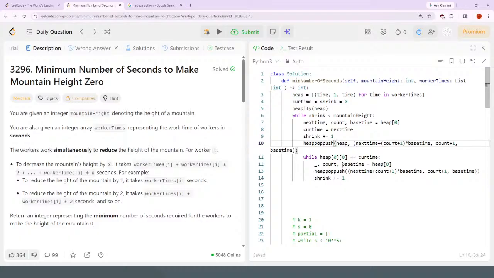Total time is still the main tiebreaker. Count plus 1 base time. So 1 second becomes 3 seconds. 1 plus 2. And then 3 seconds becomes 6 seconds. 3, 2 plus 1, 3. 3 times 1.